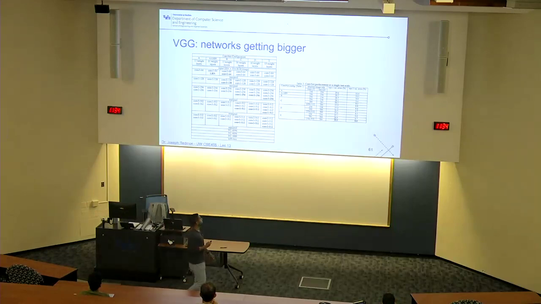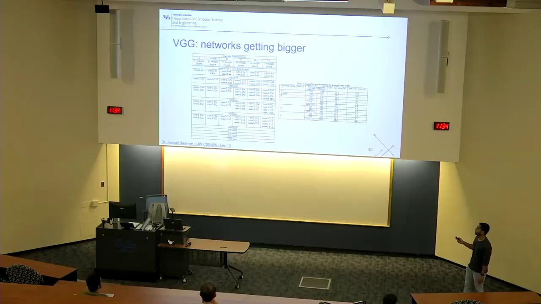So for the kind of metrics that we got, this is error, so this would be inversely correlated with accuracy. It was able to find the correct class within the top 5 probability predictions with an error rate of 8%.